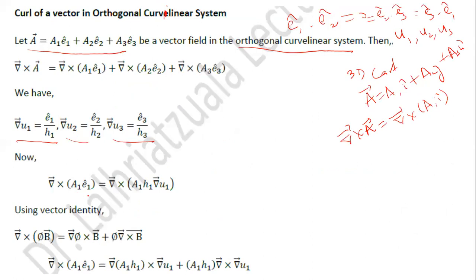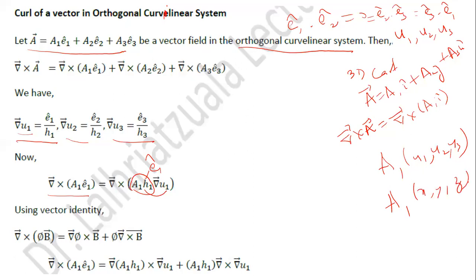Now if you take the curl of this thing, instead of e1, from here you can write e1 cap as h1 into grad u1. So in place of u1 cap, you can write h1 into grad u1. So this will be like curl of a scalar quantity. h1 is a scale factor, that is scalar. A1 will be a function of u1, u2, u3 in the curvilinear coordinate system. In the Cartesian system, you remember that A1 is written as a function of xyz, the coordinate variables.